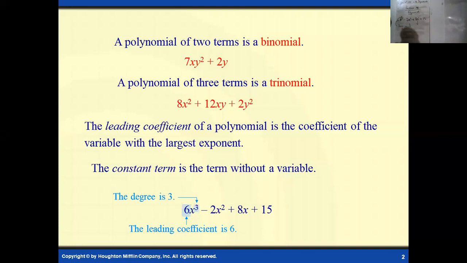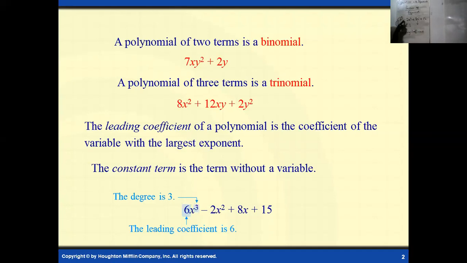We are talking of degree. Now, the term with the highest degree will be the one to have what we call the leading coefficient. So the leading coefficient here is 6. And of course, why is it degree 3?